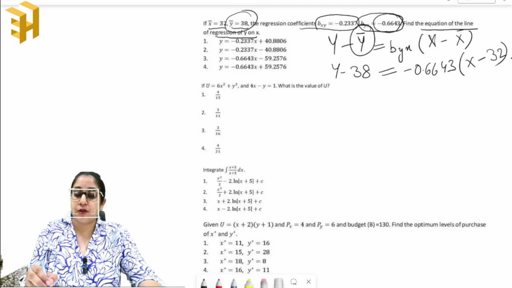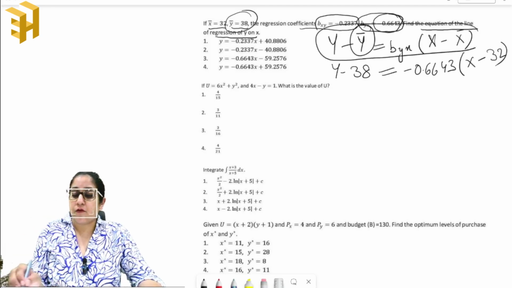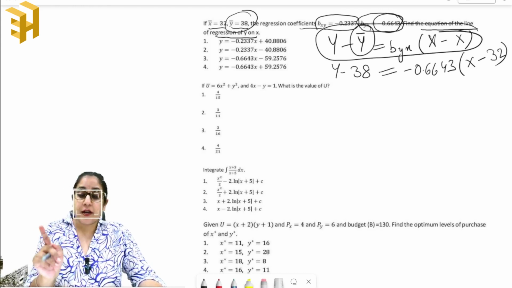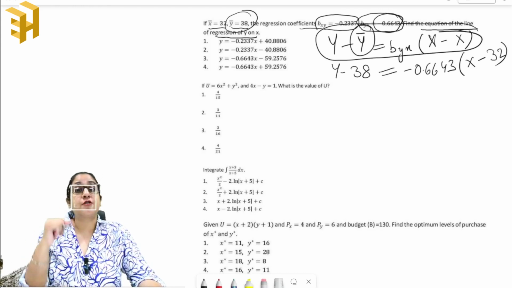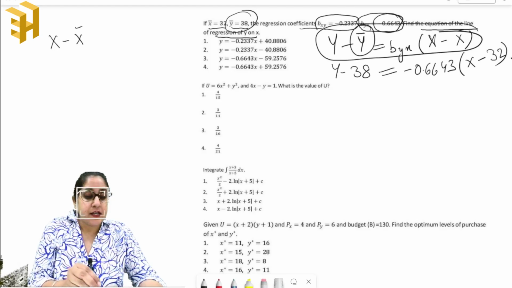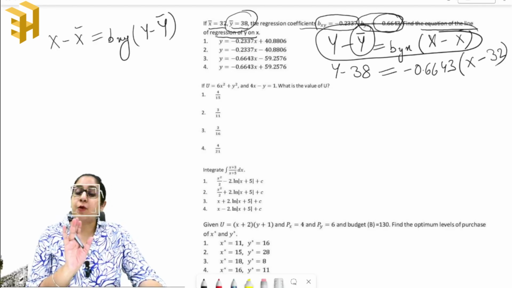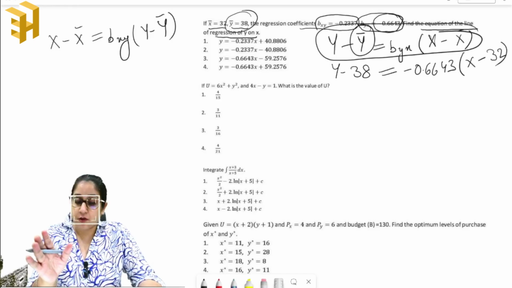We've simply substituted the values that are already given to us. All you need to remember is that this is the format of the equation. Similarly, the regression equation of x on y will be x minus x mean is equal to bxy multiplied by y minus y mean. But we'll stick to what is asked in the question.